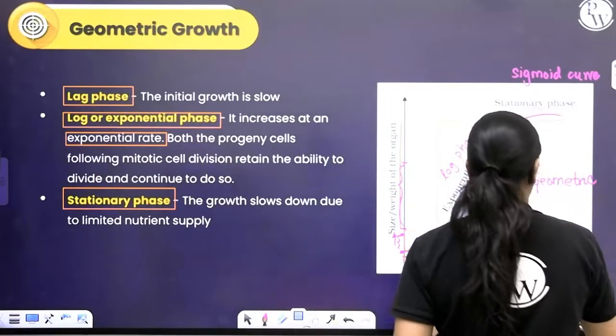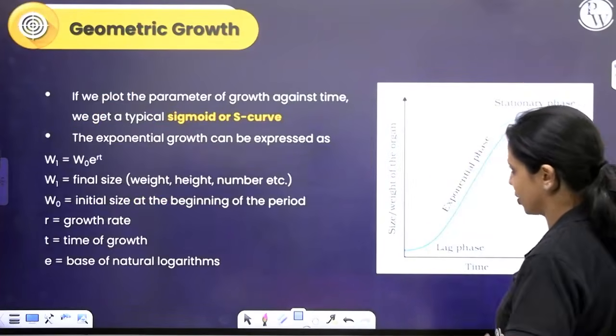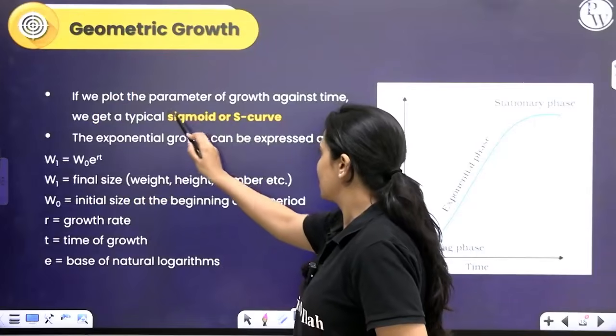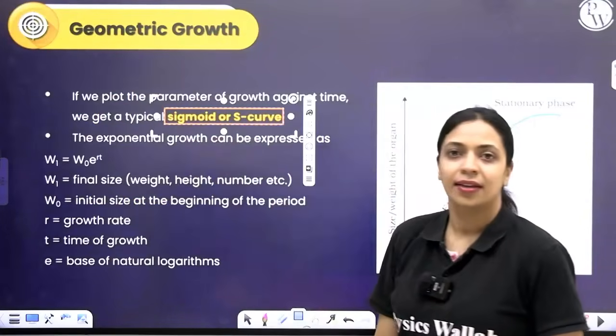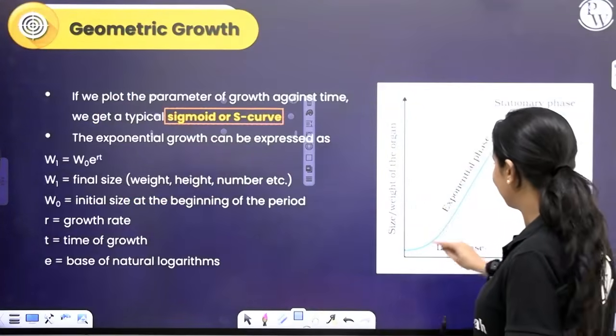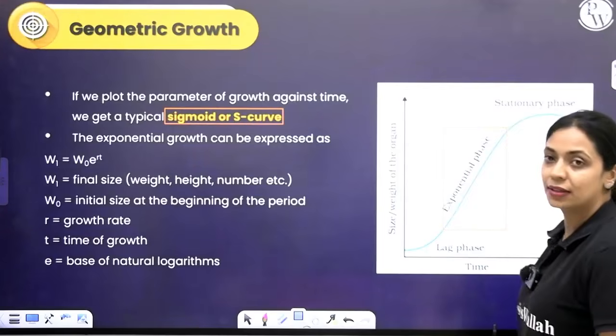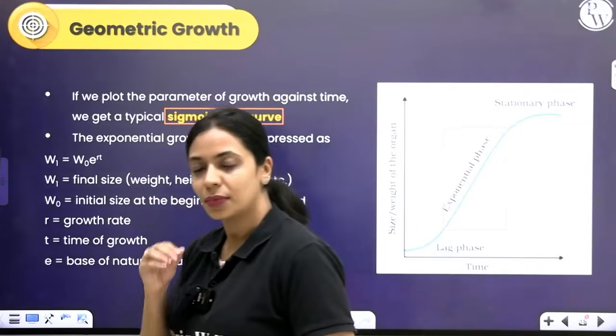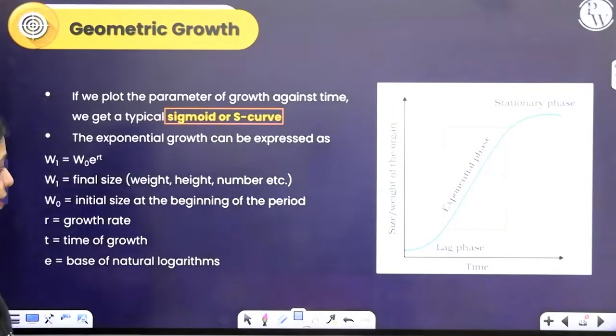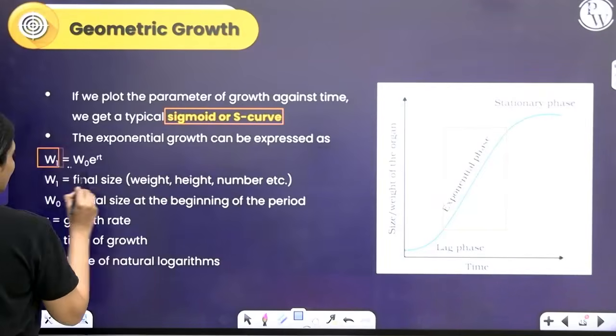Okay. Now, if we have to represent this in an equation, it's mentioned here, sigmoid or S-shaped curve. The equation that we use to represent this portion of the graph where geometric growth is seen is this equation.